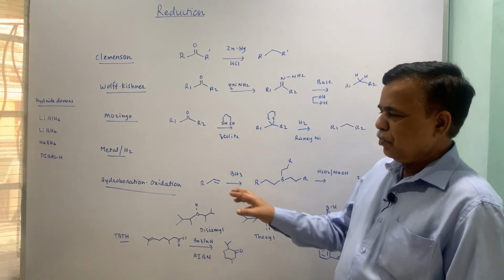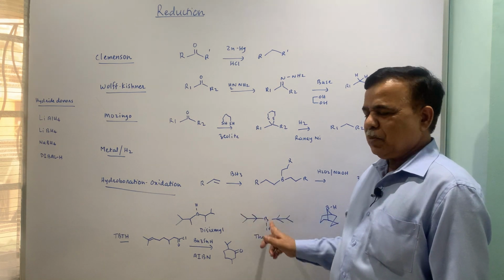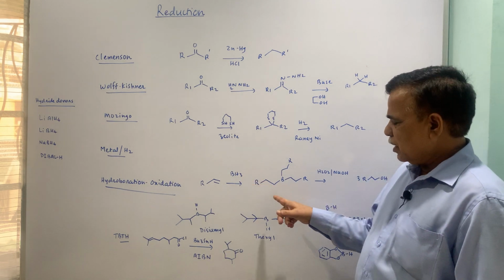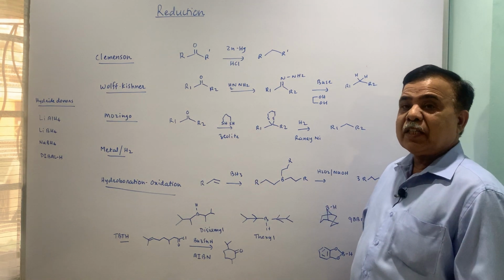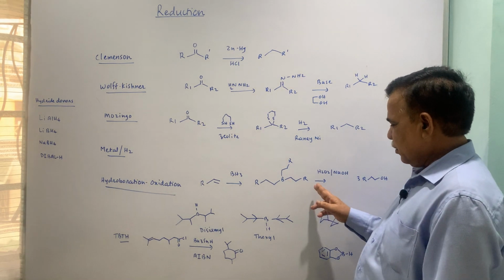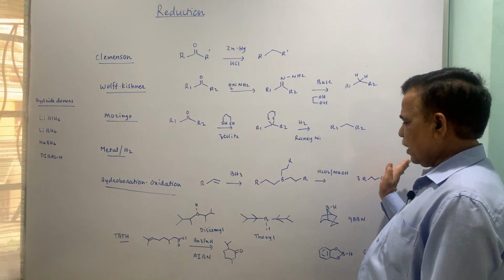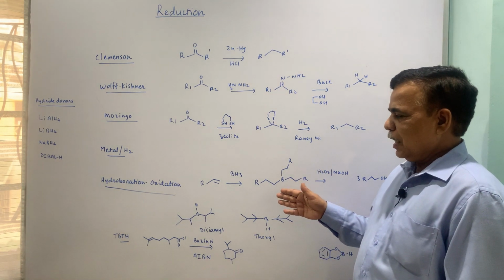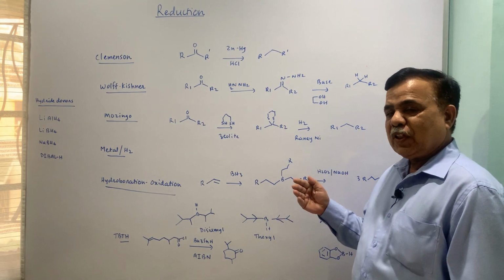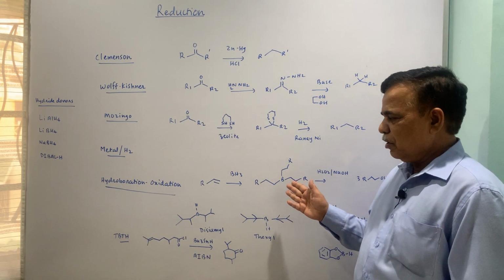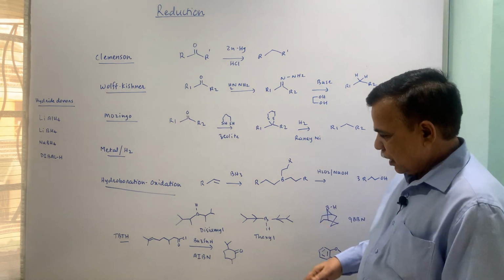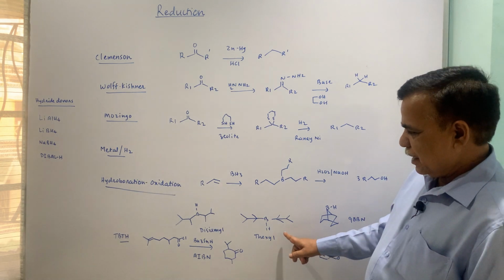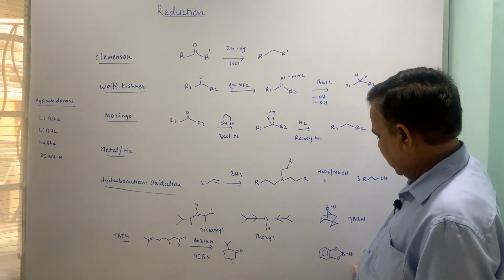Hydroboration oxidation, I am deliberately putting it with the help of some specific reagents here. Now the advantage of this is that this boron can be replaced by hydrogen if it is treated with acid, but you have another option: H2O2 and NaOH can furnish the primary alcohols or secondary alcohols, whatever may be the case. Now this is a hydration reaction without following Markovnikov's rule, so anti-Markovnikov water addition you can say, and these are specific reagents: disiamyl borane, then thexyl borane, 9-BBN and catechol borane.